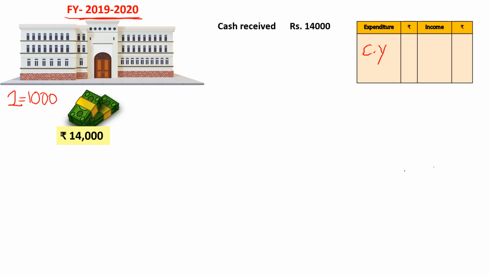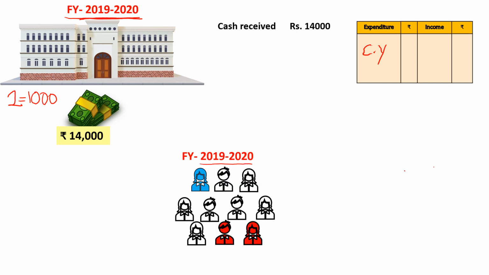It is not necessary that this 14,000 rupees is related only to this financial year. It may be related to the previous year or the next year. Now, other information given are, for the financial year 2019-20, some students took admission in that school. Out of all the students, these two students could not pay the fees.